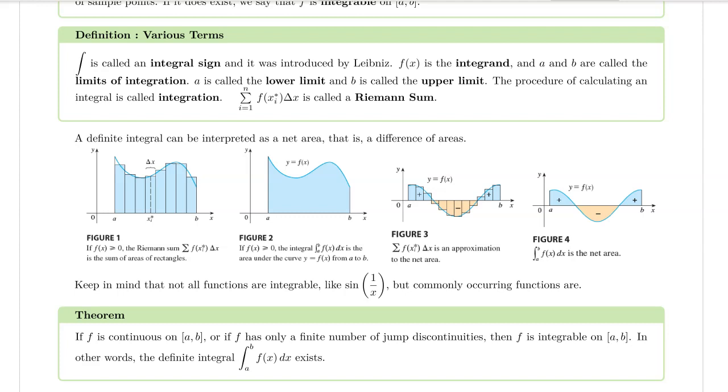In our previous definition, we saw this symbol here, and if it looks like an elongated S to you, that's actually purposeful.